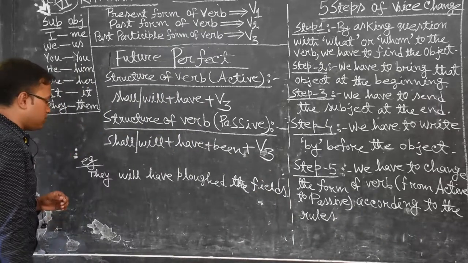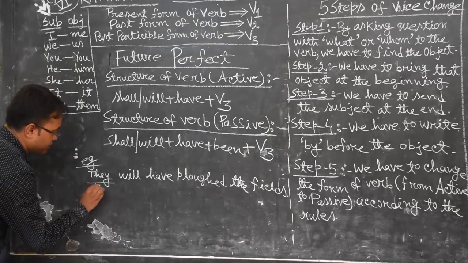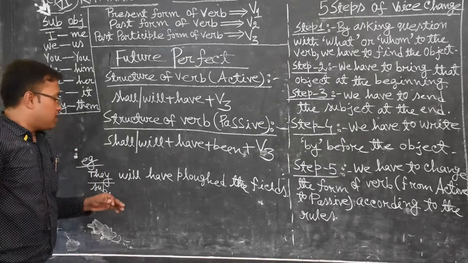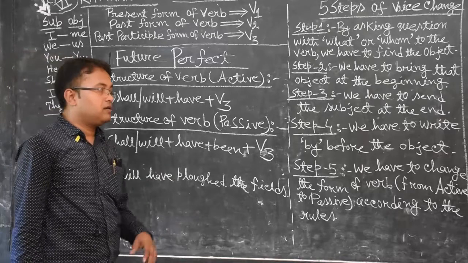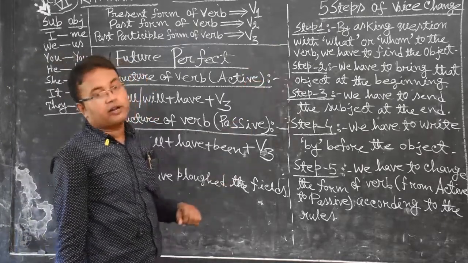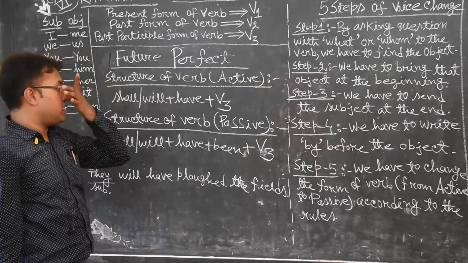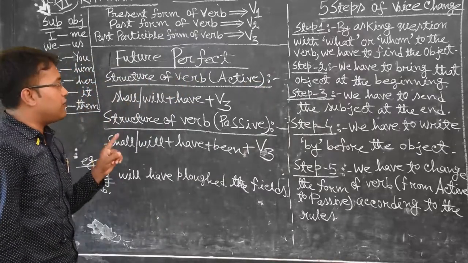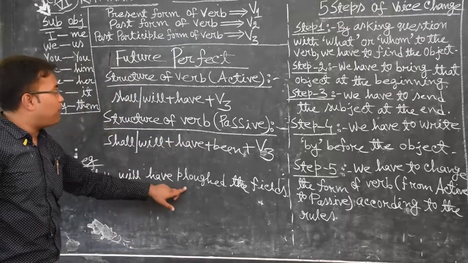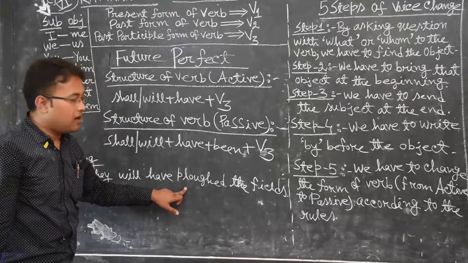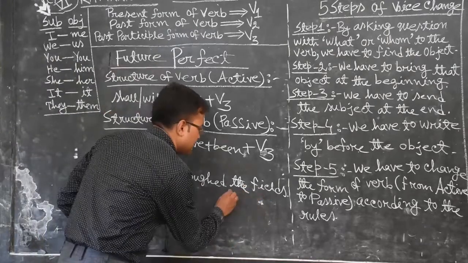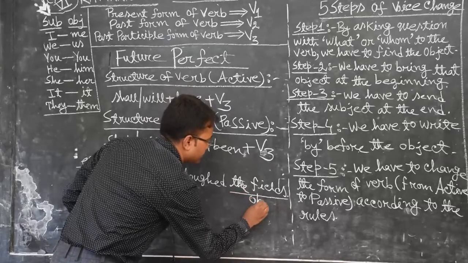We know that there is a subject here. Will have plowed is the verb. Now according to step 1, by asking question with what or whom to the verb, we have to find the object. They will have plowed what? The answer is the fields. So the fields is the object here.